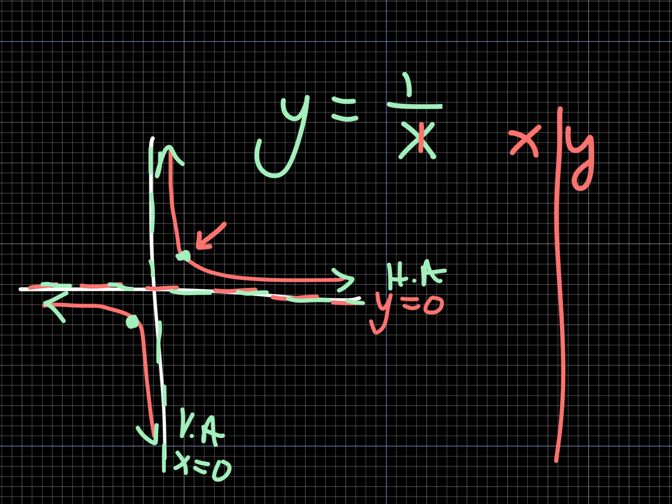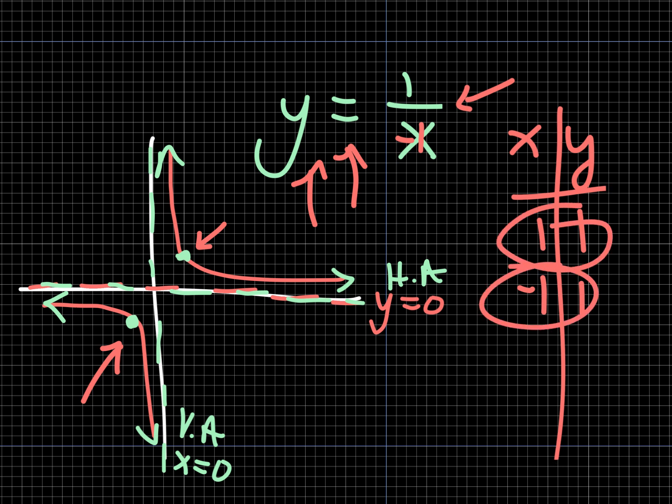If I made a list of the important points, it's really only 2. (1, 1), and that spot right there, which is (-1, -1), because if I put a -1 in the x, y equals what simplifies to -1. So these are my 2 key points, right here and here. And then it's got those asymptotes.